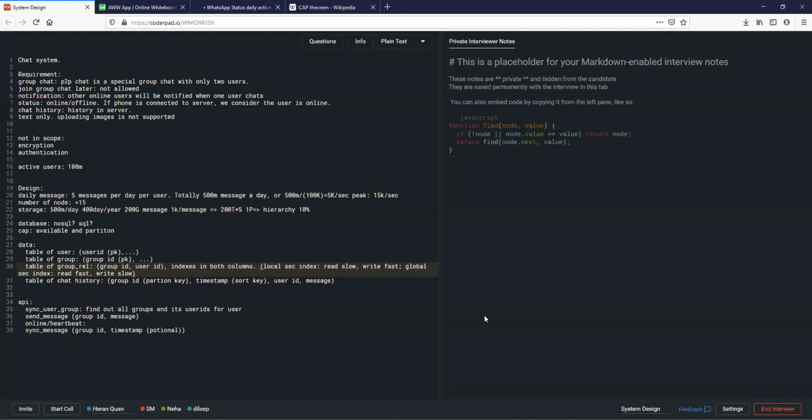In this way, I think the answer is pretty clear: most of the time we just read, so global secondary index could be our choice. And in this way, we solve all the tables and we can choose a NoSQL database.